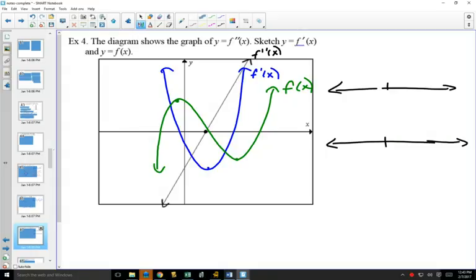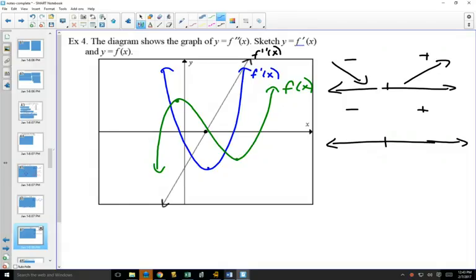So when we look at our black line here, we notice that it's negative, then positive, negative, then positive. If we were just working backwards one step, right? Negative would tell us that the graph above it is going from decreasing to increasing.